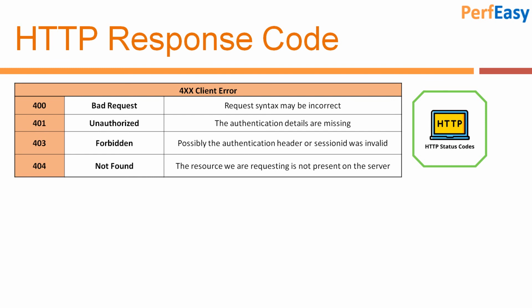So 100, 200, 300 were okay, or a redirect kind of message, which means the request is correct. Now we are talking about the failure messages. Why do we need to understand these more? Because as a performance tester, by looking at the error message, I should be able to identify the possible reason so that I can improve or correct my script.